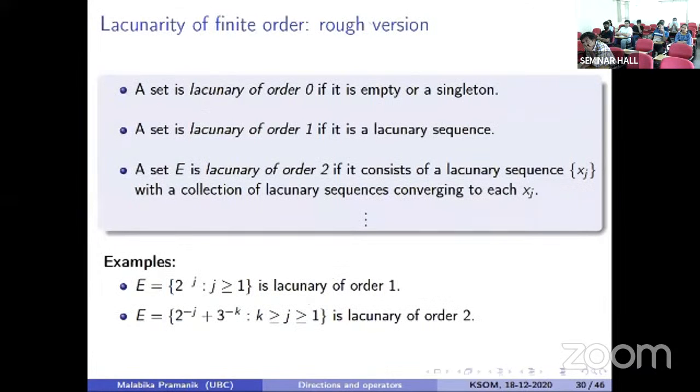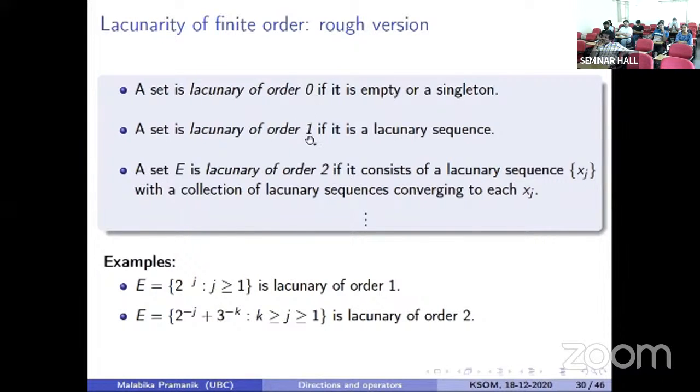Of crucial importance to the study of M omega is a property of direction sets called lacunarity of finite order. In this slide, we will describe roughly what that means. A set is said to be lacunary of order 0 if it is empty or a singleton.